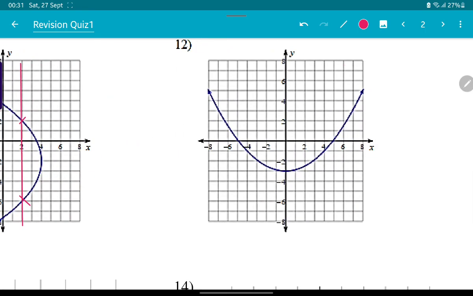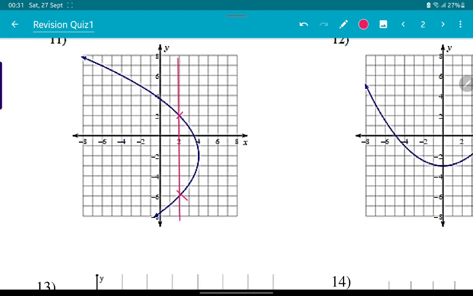In number 12, you will not be able to intersect with the graph vertically at more than one value, so we will call it a function according to the vertical line test. It will pass through the graph only once. Here, this vertical line will intersect with the graph more than one time.